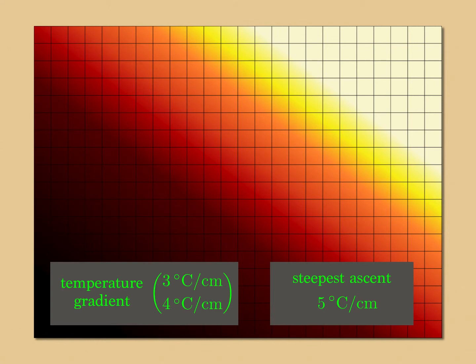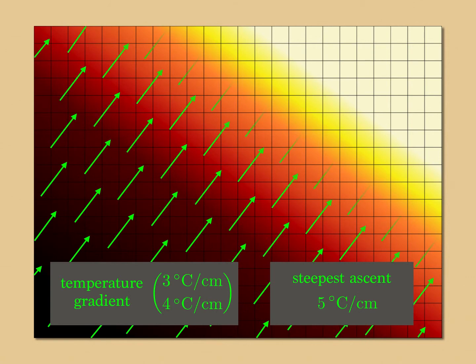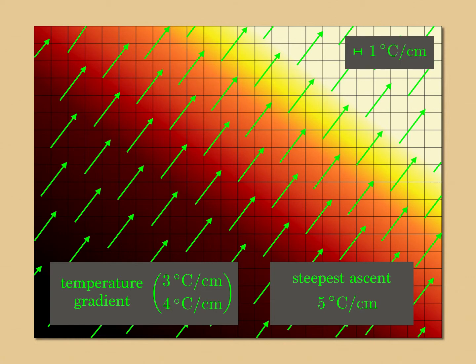We can therefore draw arrows along the direction (3, 4) and have them represent the temperature gradient. Their length represents the rate of change, 5 degrees Celsius per centimeter. Just remember that these are not translation vectors. Their endpoints are not points on the metal plate. Their geometric length depends on the scale we have chosen to draw them. The scale chosen here is shown in the upper right-hand corner.